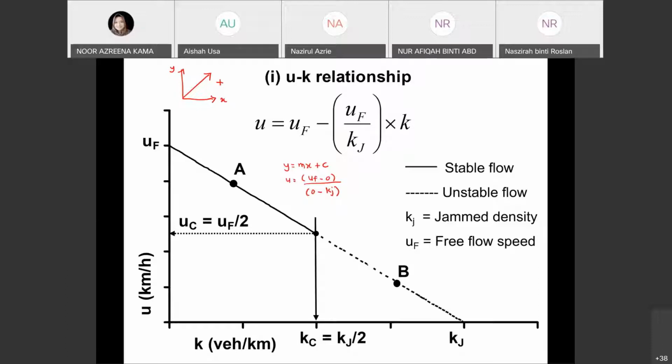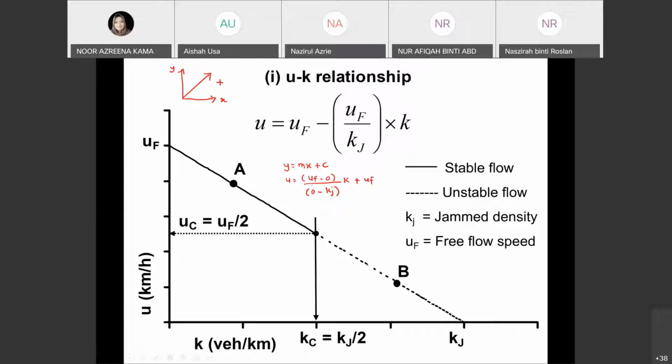Then x is the x-axis, and on the x-axis is K, vehicle per kilometer. So x is K, plus c. C is the y-intercept, so it is UF.